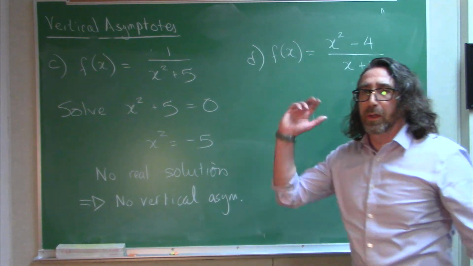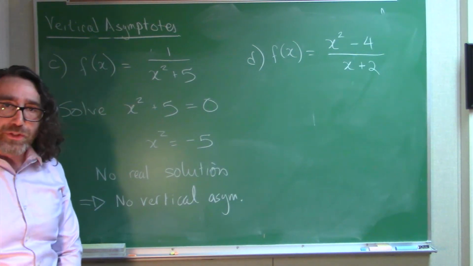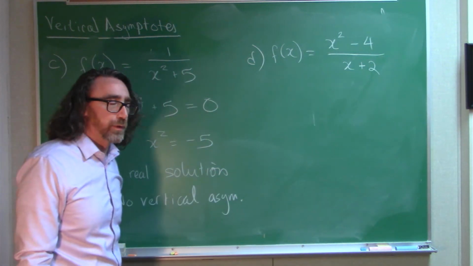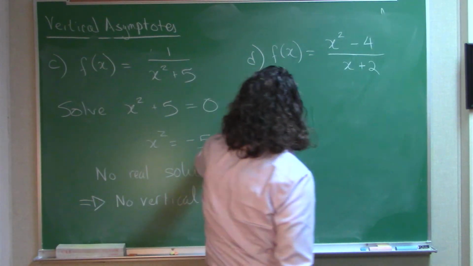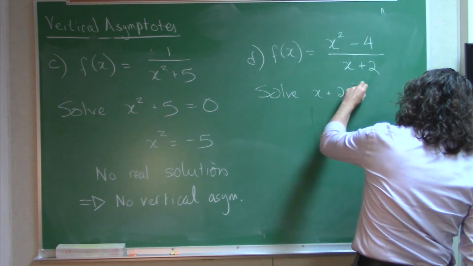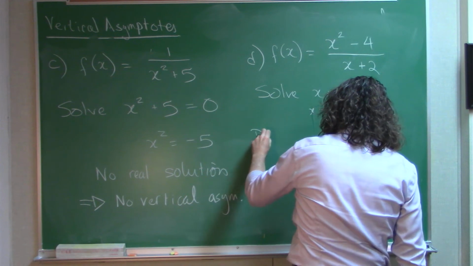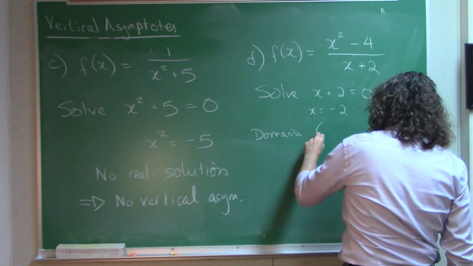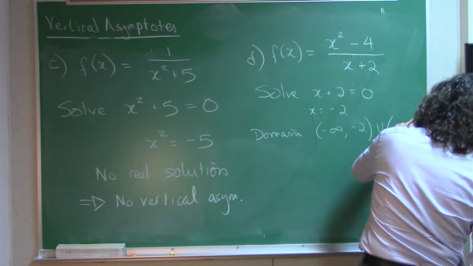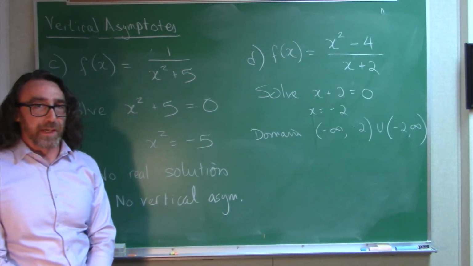All right. X squared minus 4 over x plus 2. So rational function, right? Polynomial up top, polynomial downstairs. Okay, so we always start out by doing this. So x equals negative 2 is a problem. That is excluded from our domain.